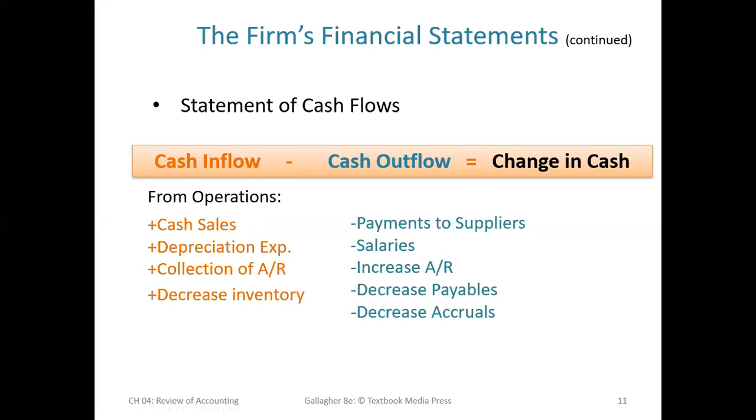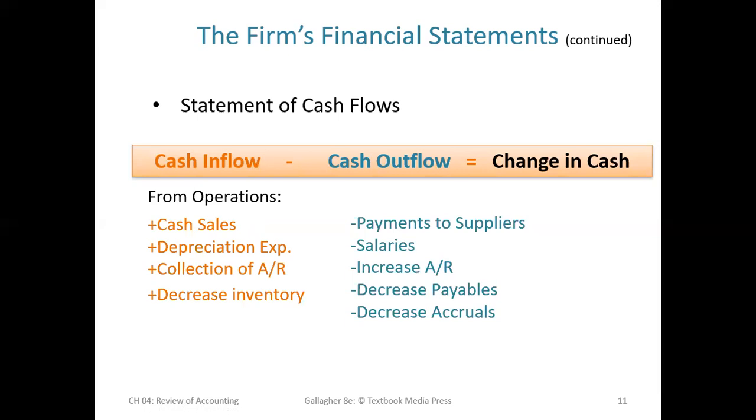You sell your products, so you're supposed to have more cash. And you have depreciation expenses. Remember, depreciation is a non-cash process. You depreciate your assets, that doesn't mean you lose the cash.